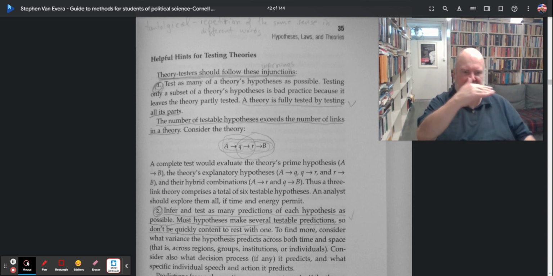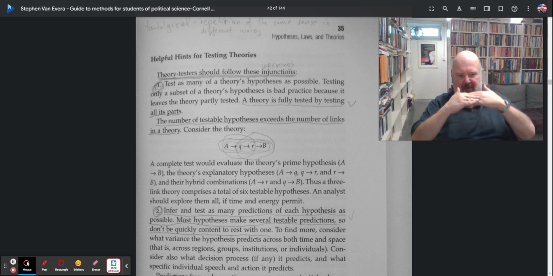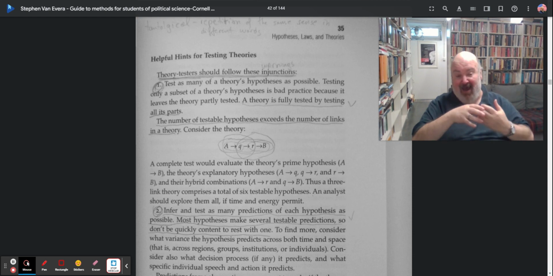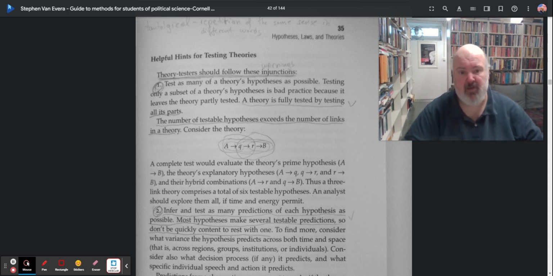So every theory is going to have many implicit hypotheses. Sometimes there's one hypothesis, but even then there are going to be implied hypotheses that are connected or tied inherently into the theory. Testing only a subset of a theory's hypotheses is bad practice because it leaves a theory partially tested. A theory is fully tested by testing all of its parts, right? You understand this? In other words, each one of these has parts.